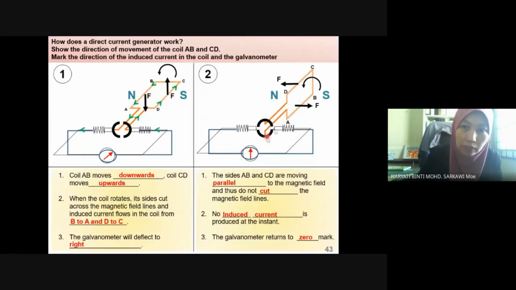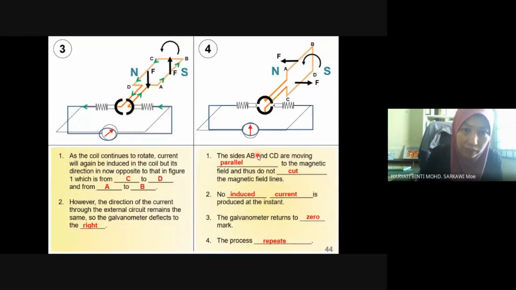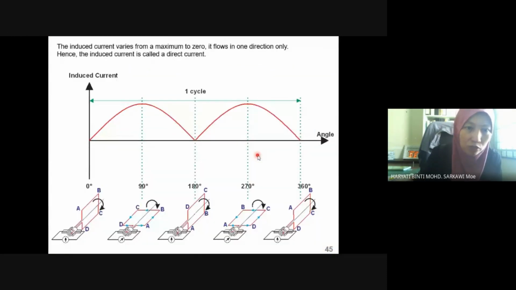So here, there is no current produced. But since it has inertia, it keeps on rotating, and you will see the galvanometer pointer deflect. This is the direct current, on one side, the positive side.